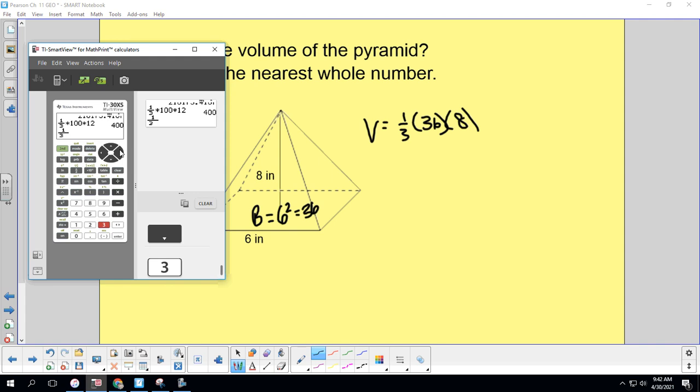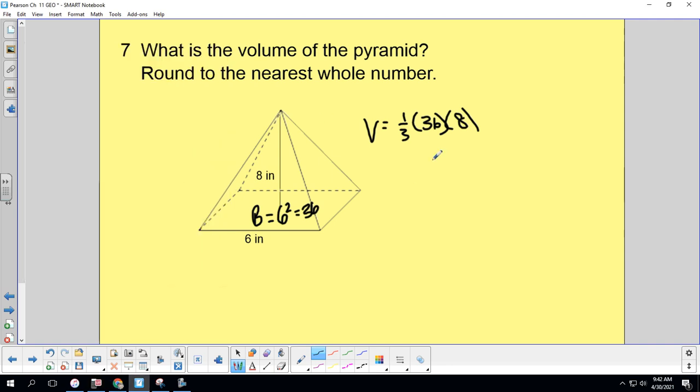Give me a minute to get the 1/3 times 36 times 8. And we get 96. So the volume is 96 cubic inches.